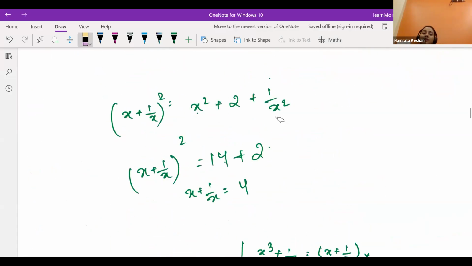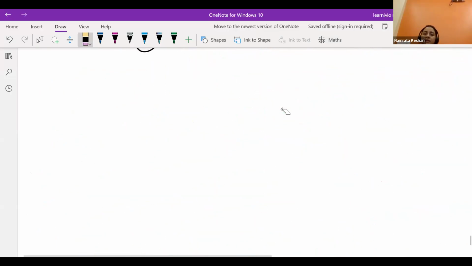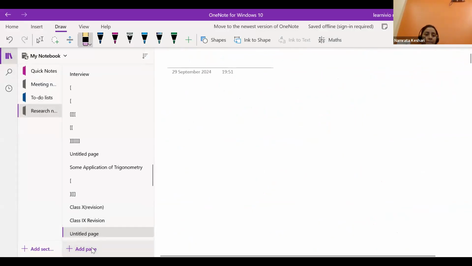Now we will be starting today Heron's formula. Yeah, Heron's formula.